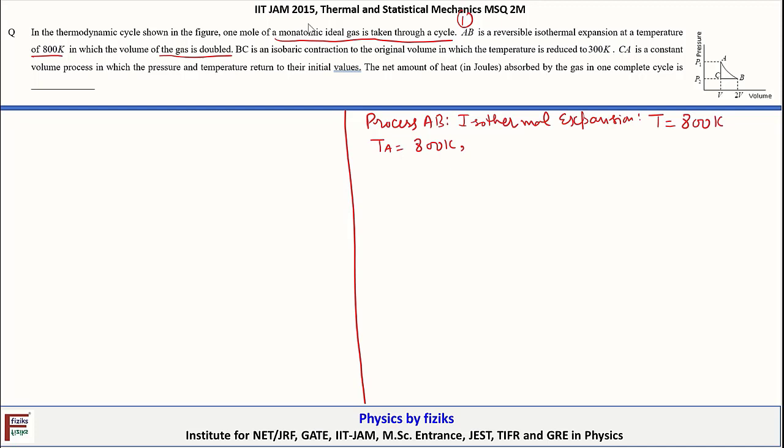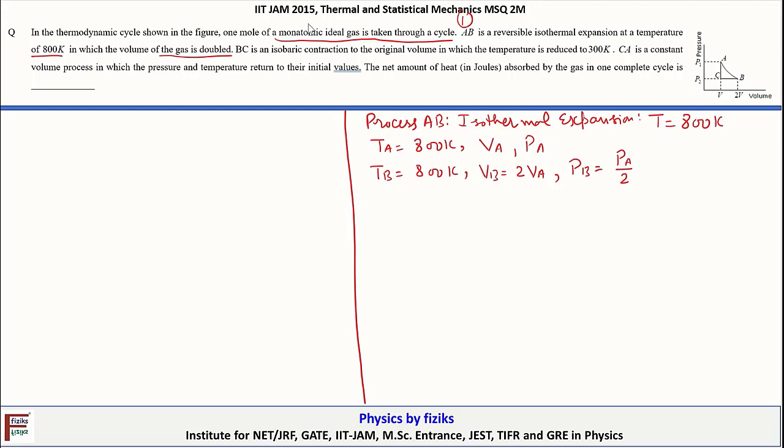VA is the volume at point A, and PA is the corresponding pressure at point A. Now we can write the parameters at point B. Because it's an isothermal expansion, the temperature will be the same at point A as well as point B. But the gas is expanding, so the volume at point B is twice the volume at point A. Therefore, to satisfy the ideal gas equation, the pressure at point B will be half the pressure at point A.